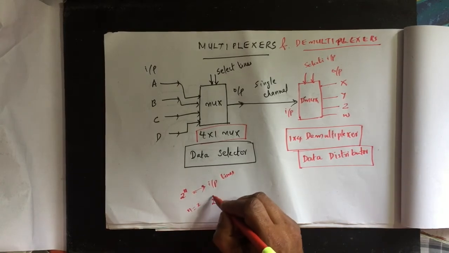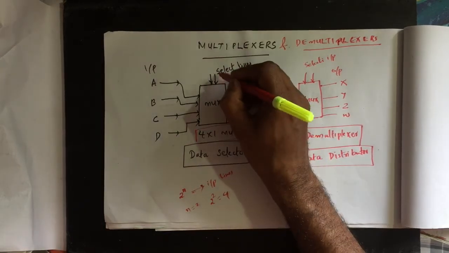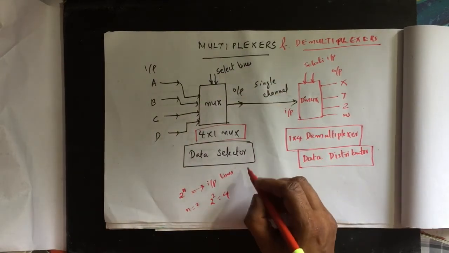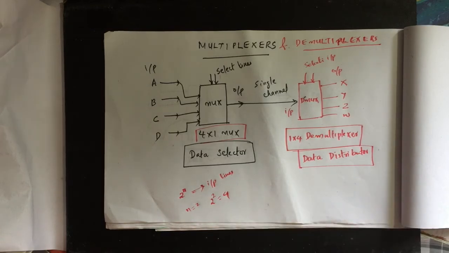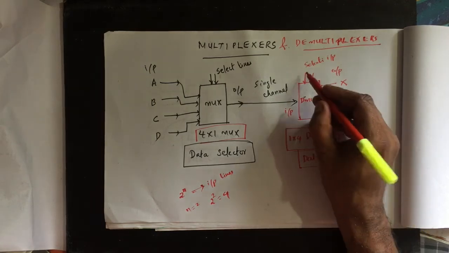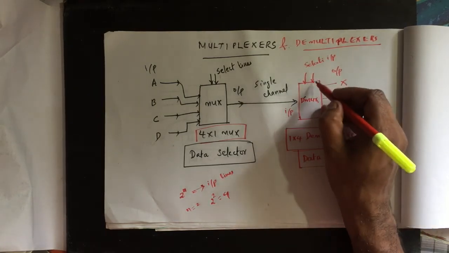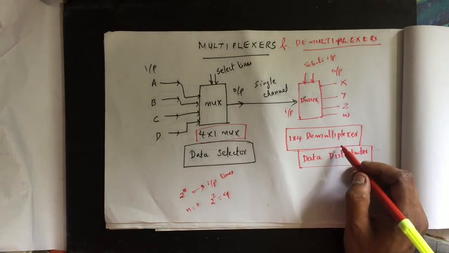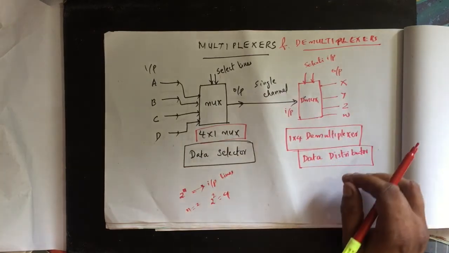If there are 3 select lines, I can have 8 input lines. Similarly, in a demultiplexer, if I have 2 select lines, I can have 4 output lines. If I have 3 select lines, I can have 8 output lines. And if I have only one select line, I can have 2 output lines.